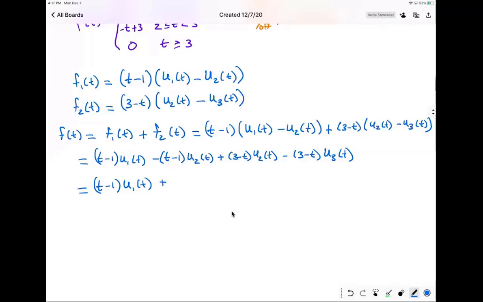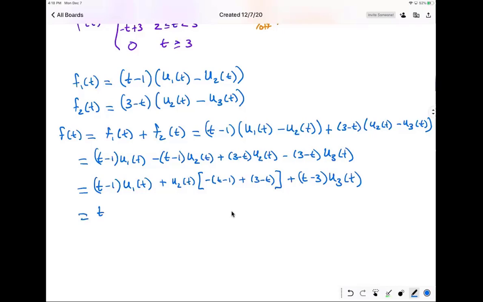If I did plus u2 of t times, I'd be left with a minus times t minus 1 plus a 3 minus t. And then I'm going to distribute that negative on the right-hand side. So I'll have a plus t minus 3 times u3 of t.